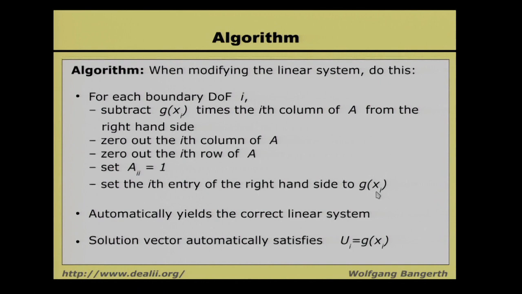What this algorithm does is it automatically yields the correct linear system, not just for the interior nodes, but also for all of the boundary nodes. So the solution of the linear system automatically satisfies the boundary conditions. I don't have to compute u equals u0 plus g tilde after solving; I automatically get it as part of the process.